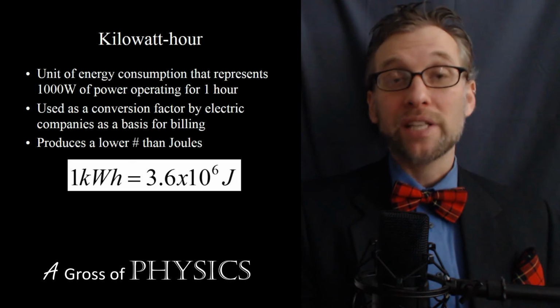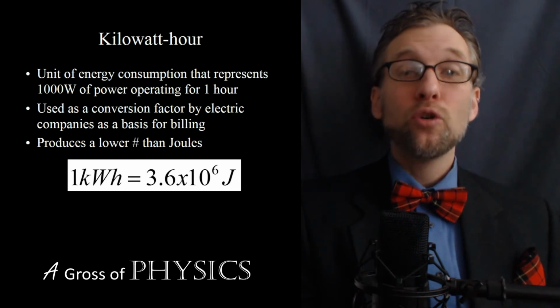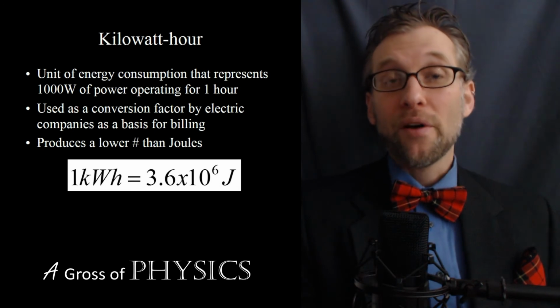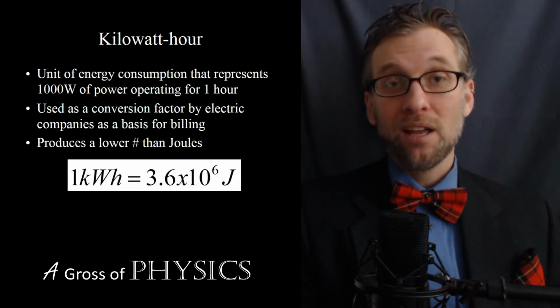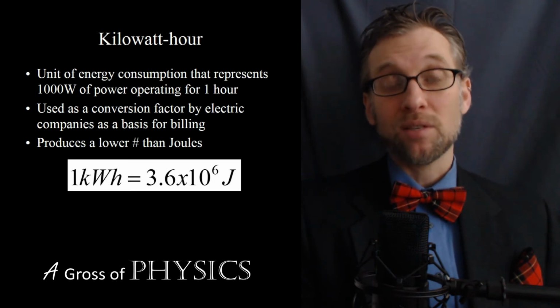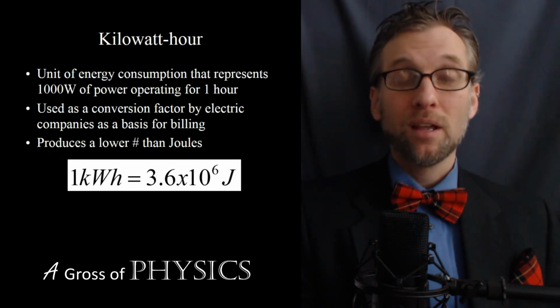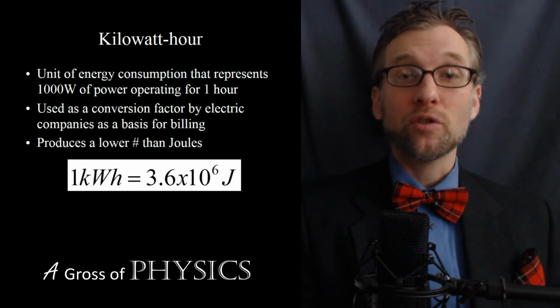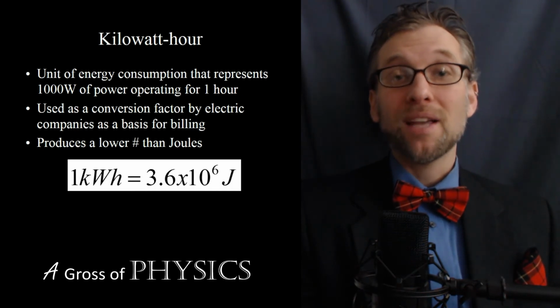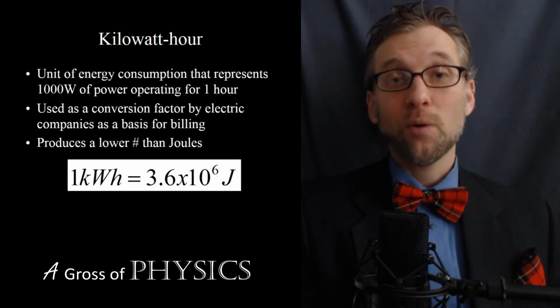Now, a kilowatt hour is how much energy is needed to run 1,000 watts, a kilowatt, for 1 hour. Now, 1,000 watts is 1,000 for P, and an hour is 3,600 seconds. Remember, 60 minutes times 60 seconds is 3,600. So what you have is 3,600 times 1,000. So 3,600 times 1,000 ends up getting us 3.6 times 10 to the 6 joules is a kilowatt hour.